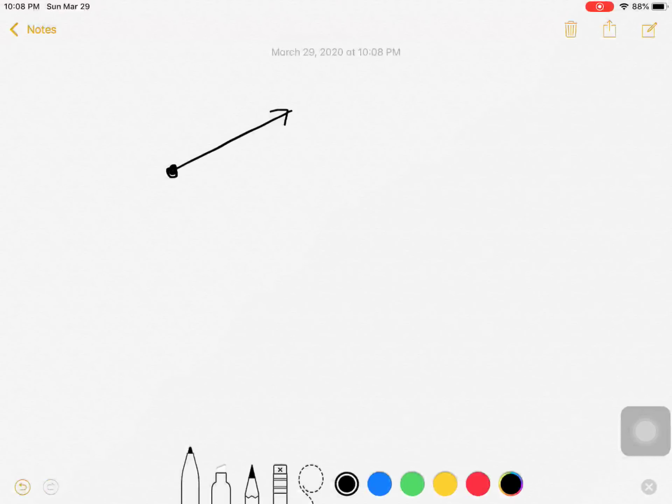Now, when we draw these arrows, we can kind of think of them on a coordinate grid, where we have the origin of the arrow being at our origin, the 0, 0 point. Now, depending on which direction the arrow is pointing, we say the arrow has a certain sense.